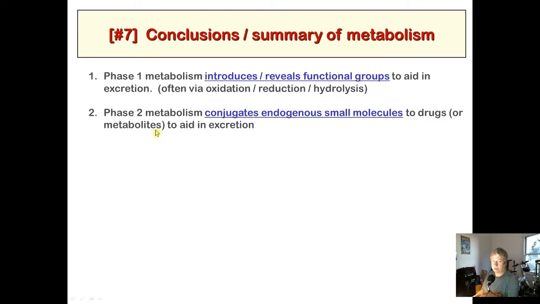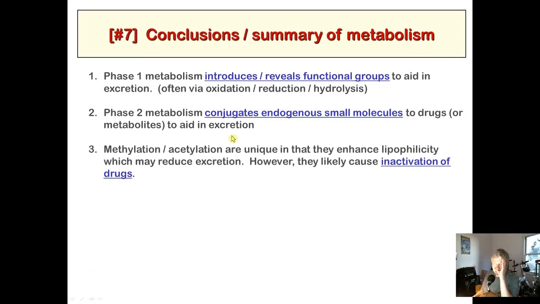Phase 2 metabolism conjugates small molecule cofactors to drugs, and that aids in excretion. So that could be glutathione or acetylation or methylation, things like that. Methylation and acetylation are unique in that they enhance the lipophilicity of a drug, which may reduce its excretion. They do probably cause inactivation of most drugs when you attach these other foreign groups on them.